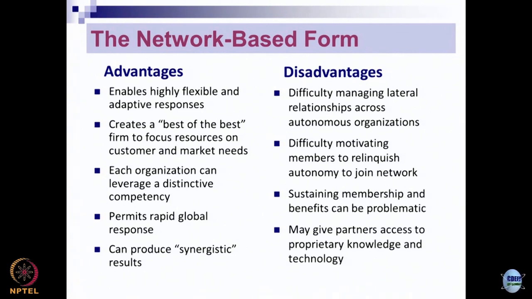Network based forms of organization may give partners access to the proprietary knowledge and technology, and when there is close interaction between the network partners, there is a probability that network partners get access to the proprietary knowledge of the orchestrator, process orchestrator, broker organization, or any other closely involved network partner, and that may result in reducing the competitive advantage of one network partner.